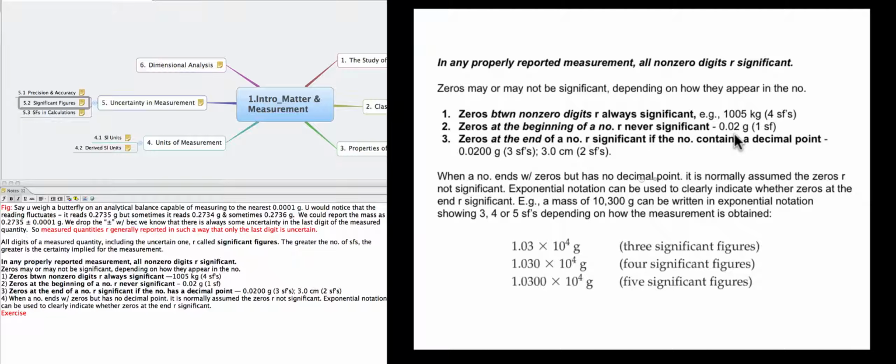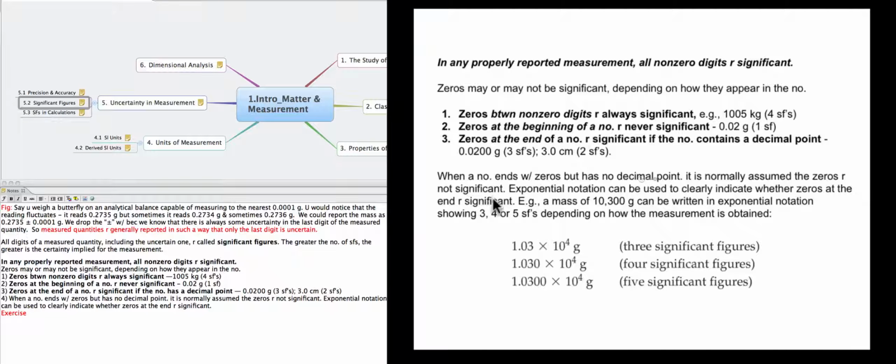So if you get 0.02 gram, then the result has only 1 significant figure. Zeros at the end of a number are significant if the number has a decimal point. So if the result shows 0.0200 gram, that means the measurement has 3 significant figures.